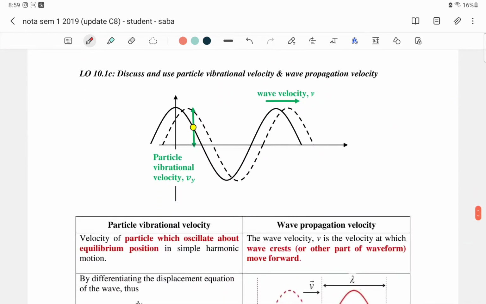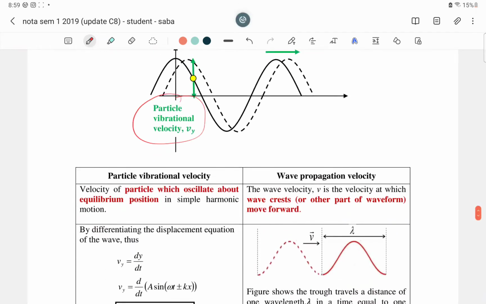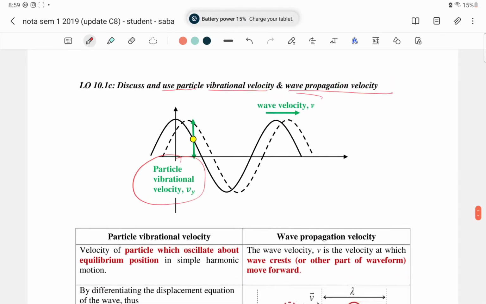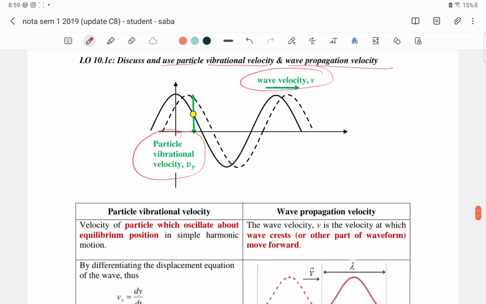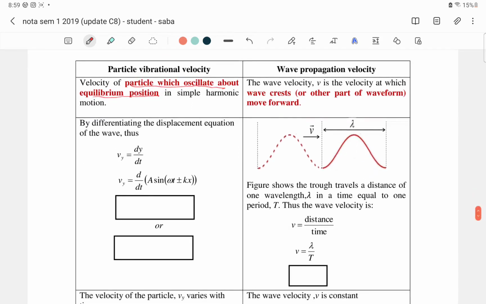Okay, let's discuss the particle vibration velocity and the wave propagation velocity. We have two, particle vibration velocity and also the wave propagation velocity. Particle vibration velocity is the velocity of a particle which oscillates about equilibrium position, yang kita belajar dalam simple harmonic motion.